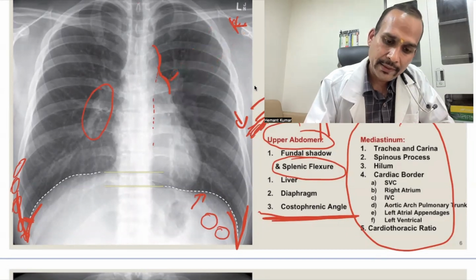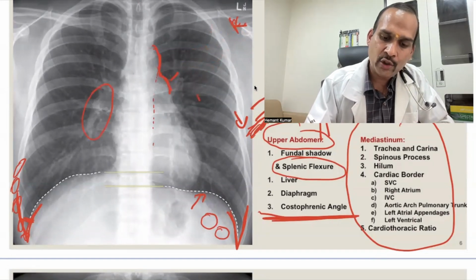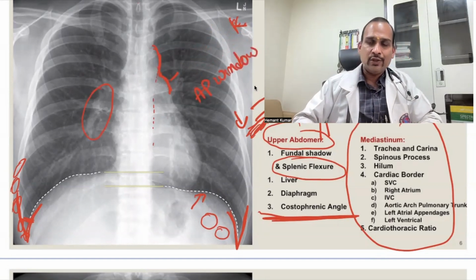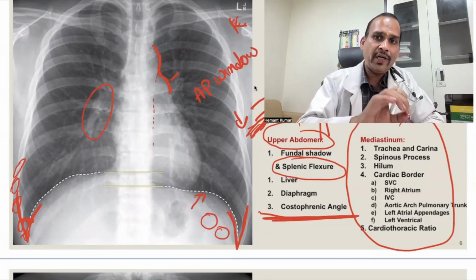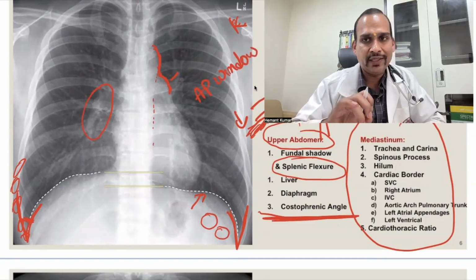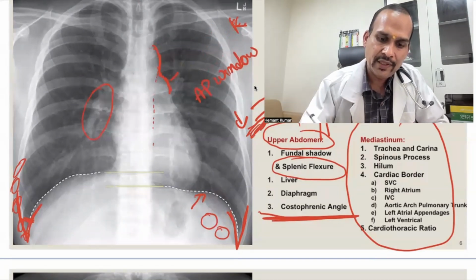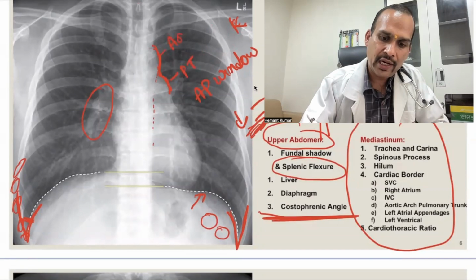And between the aortic arch and the pulmonary trunk, there is a depression. That is called the AP window. Whenever there is malignancy or tuberculosis, the AP window is occupied by lymph nodes, so we can take FNAC by endobronchial ultrasound. So this is the AP window, this is the pulmonary trunk, and this is the aortic arch.